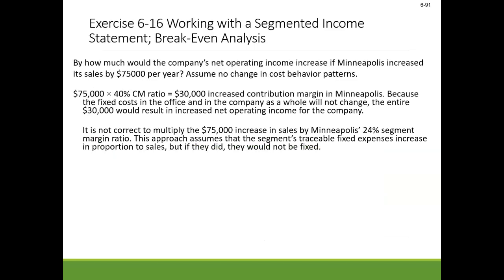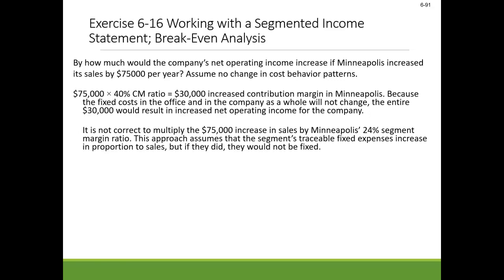How much would the company's net operating income increase if Minneapolis increased its sales by $70,000 per year? $70,000 times the Minneapolis contribution margin ratio would show a $30,000 increase. There's no change for fixed expenses in Minneapolis, because the fixed costs in the office and the whole won't change.